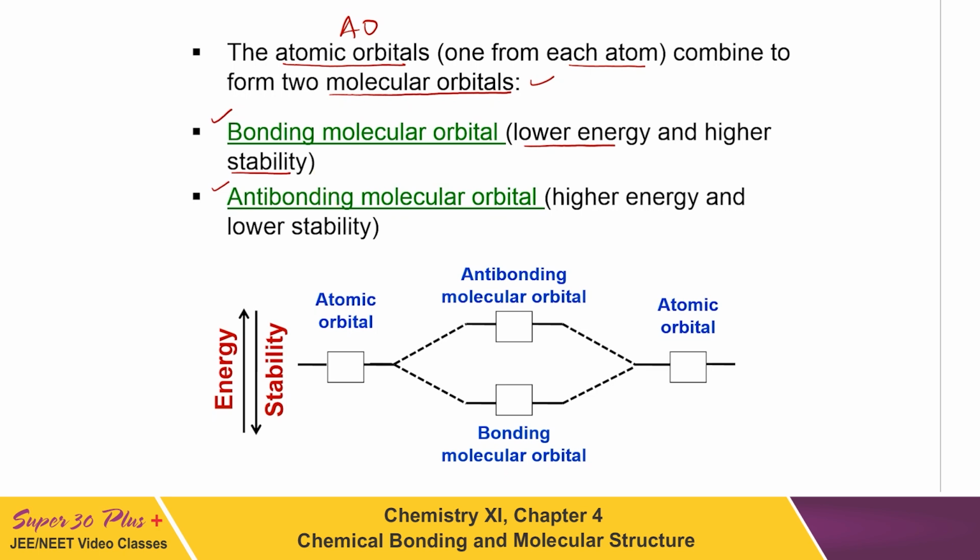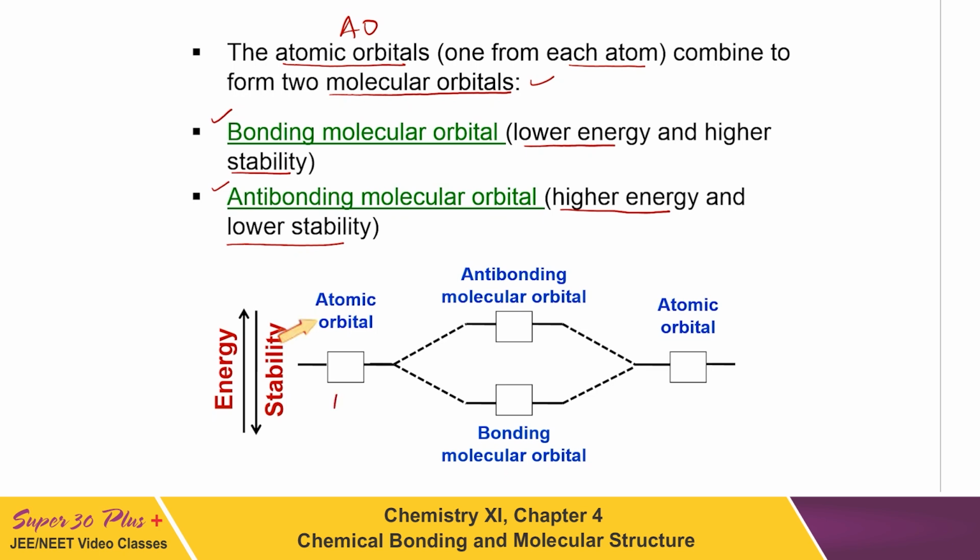So the electrons present in BMO stabilize the molecule, and the electrons present in ABMO destabilize the molecule. The energy of the ABMO, antibonding molecular orbital, is higher, and as a result their stability is low.